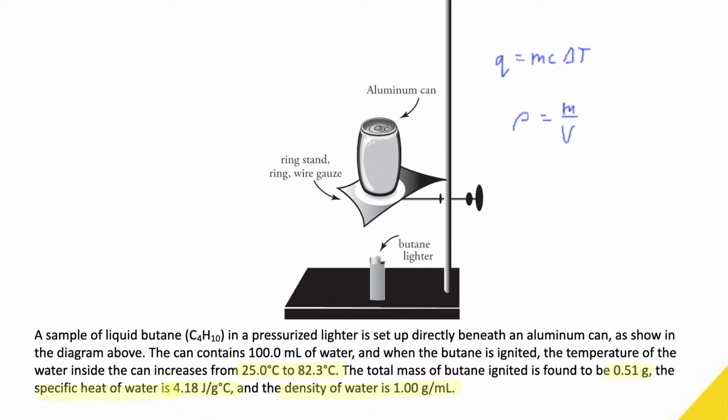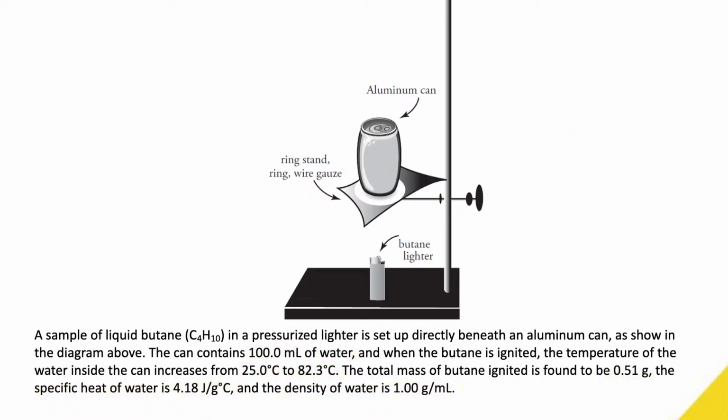So these are some of the equations that it looks like I will need. This looks more like a physics equation, so I'm not sure why I would write that down, but they give me density here, so maybe I will need that. And they tell me the can contains 100 milliliters of water to start with.